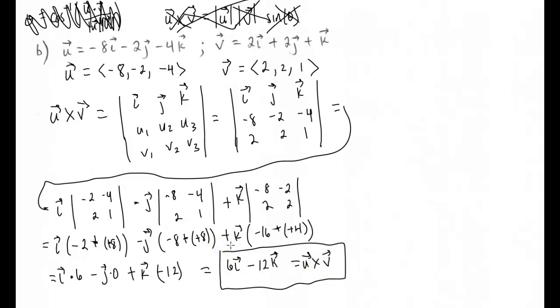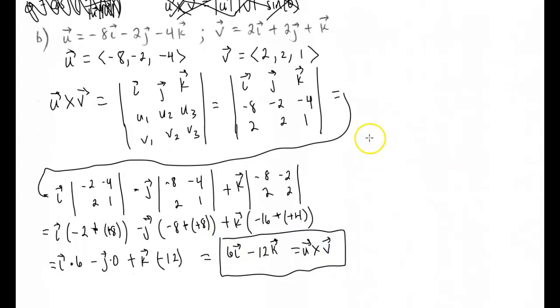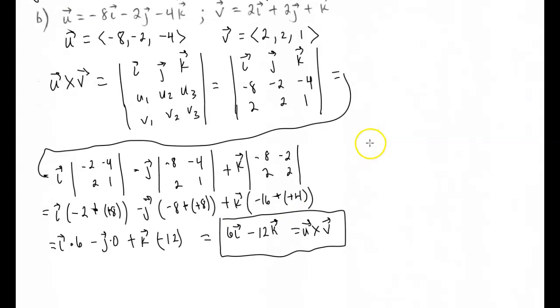Okay, so now that we know what that is, what we can do is figure out its length, namely the magnitude of this vector, and its direction. Okay, so I'm going to switch colors for that.